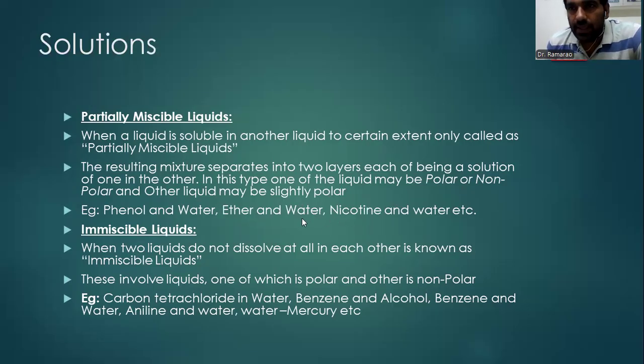The third one is immiscible liquids. When two liquids do not mix at all, they are called immiscible liquids. In this also, one is polar and the other is non-polar. Examples: carbon tetrachloride, CCl4, in water, benzene in water, amyl alcohol in water, water and mercury.